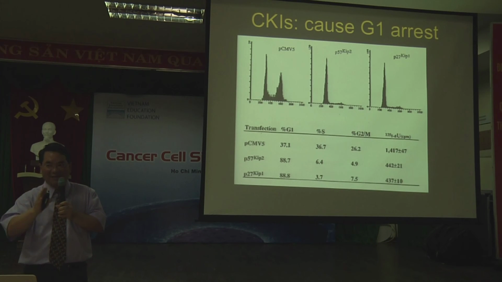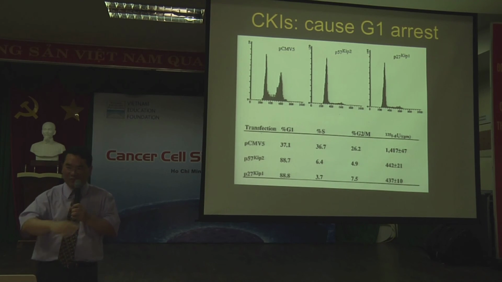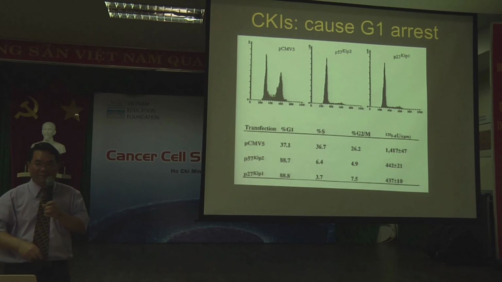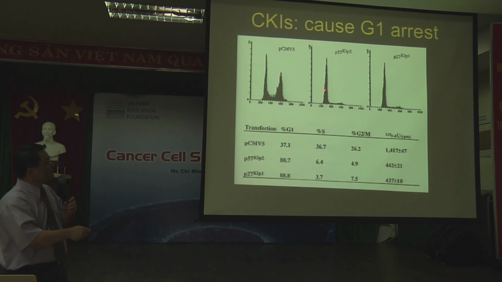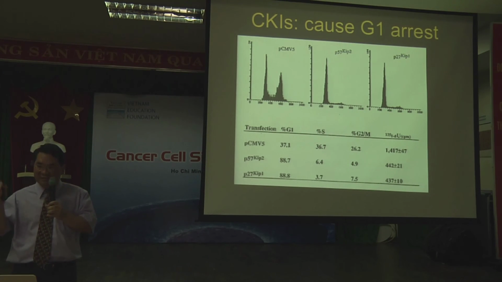Okay. So based on this, when you read the literature, you will know the first peak is G1 phase. The second peak is G2M phase. In between, that's S phase. Okay. Now we express KIP2 and P27, P57 and P27, into the cell and do the cell sorting.